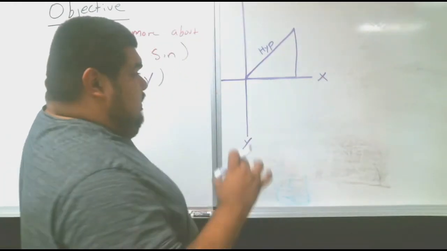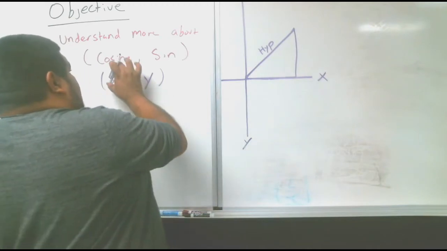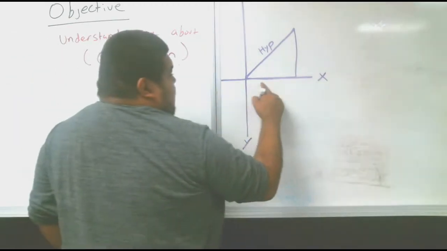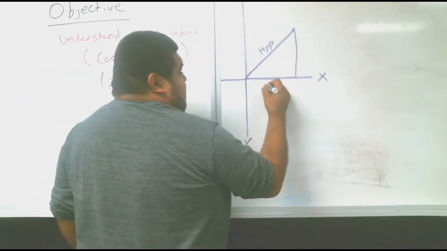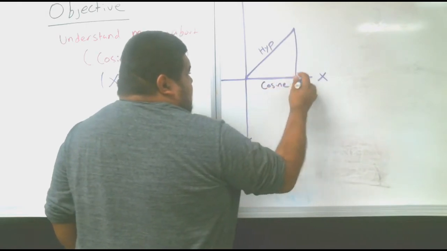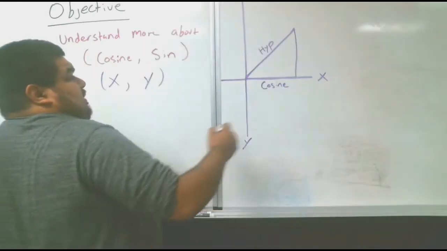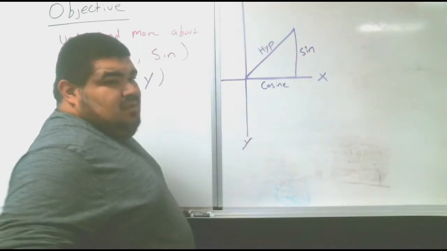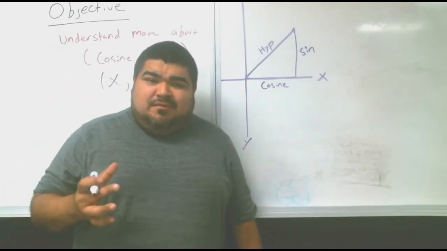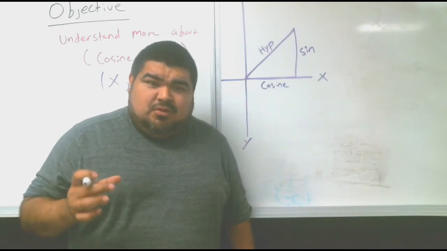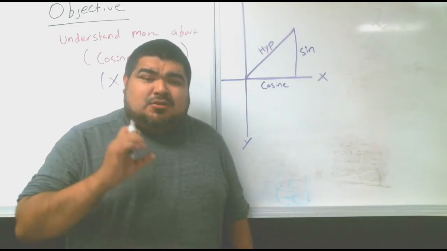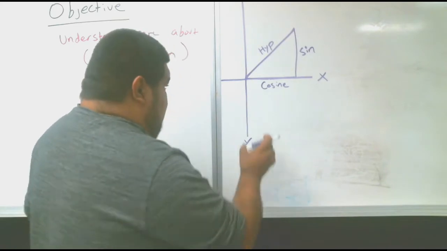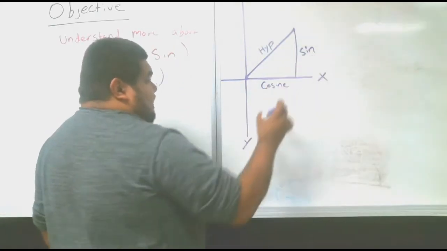So cosine is your x. Whatever distance the x is, that is cosine. Your height is your sine. Whatever on the unit circle those parentheses are, that is your sine and cosine. X again is cosine. Y is sine.